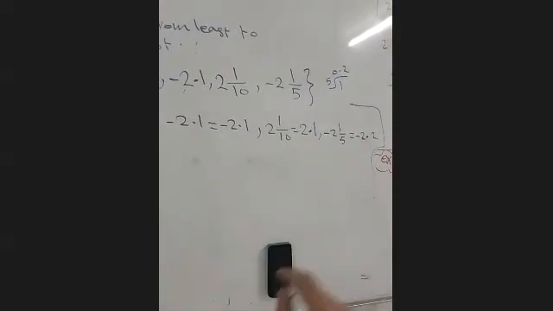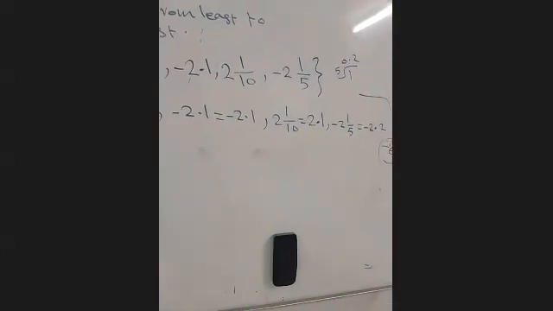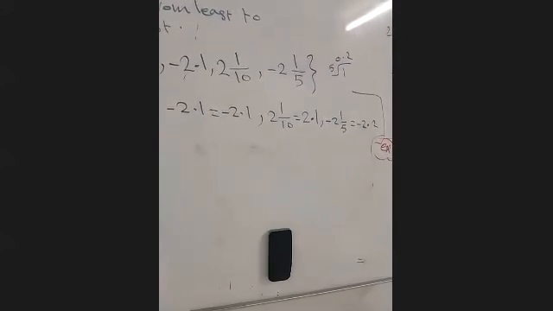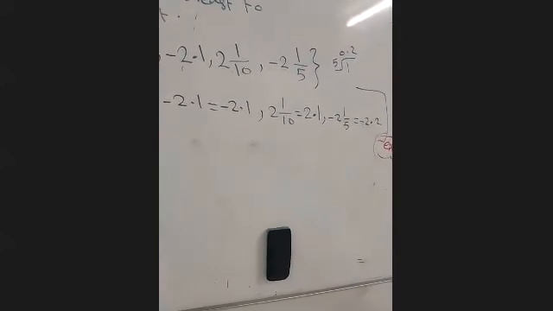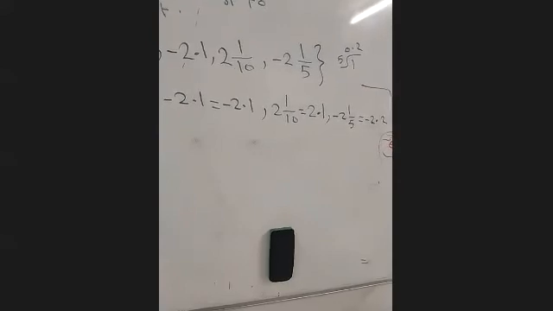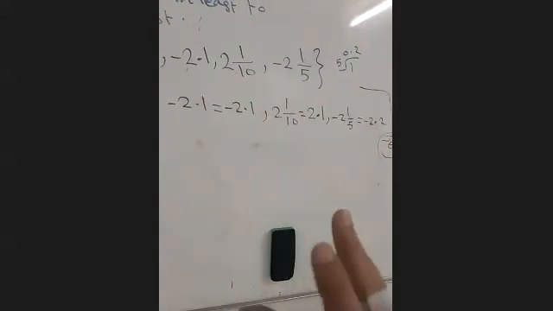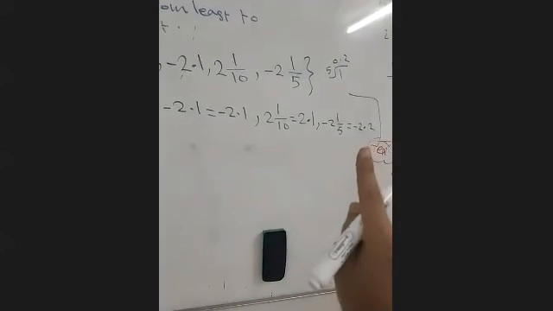Which one is the least number? Negative 2.1 or negative 2.2?